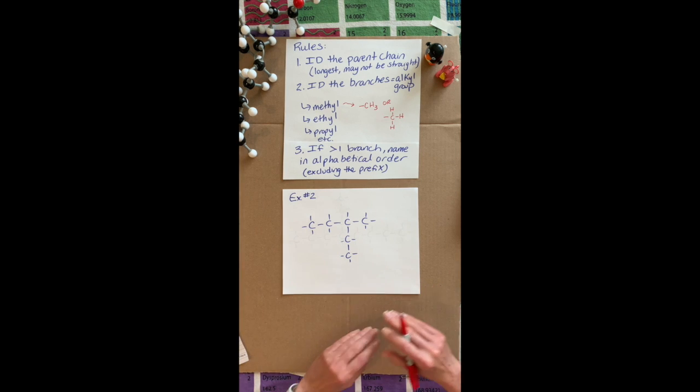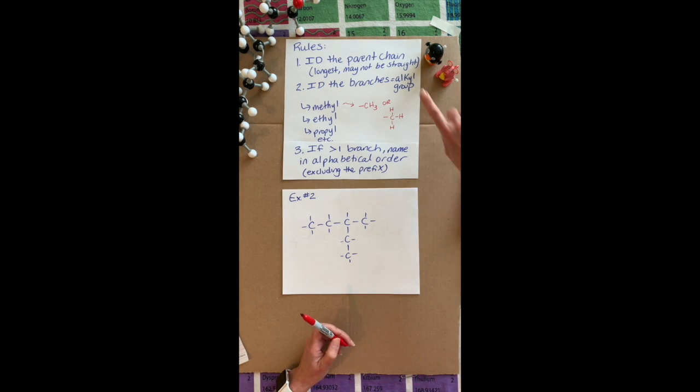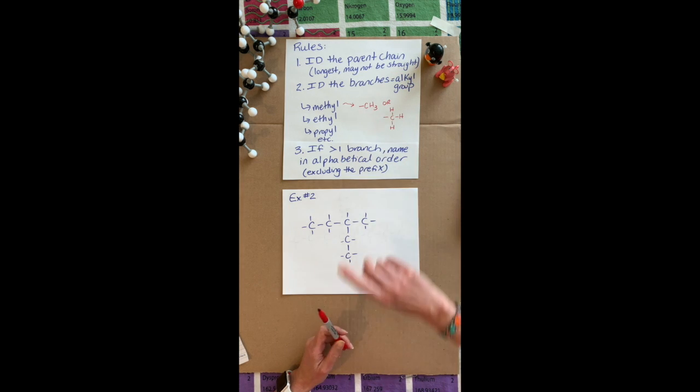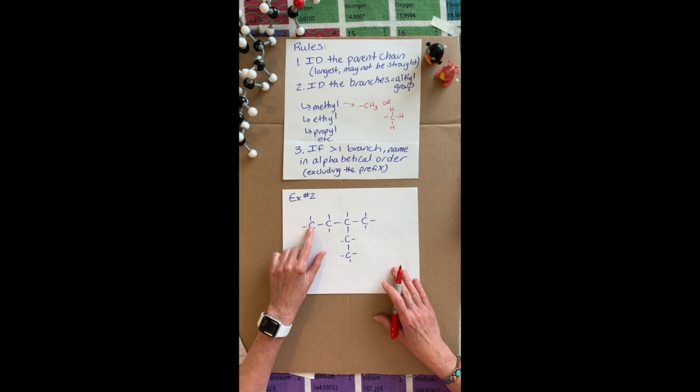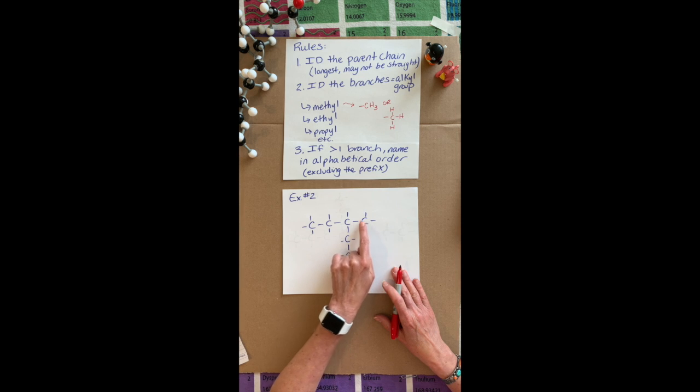Okay, let's look at another example. In our second example here, I've made it more challenging because I want you to be aware that sometimes we can find that the parent chain may not be straight. So what you need to do is look carefully. If I count across here, there's 4 carbons. If I count here, 1, 2, 3, 4, there's 4 there.